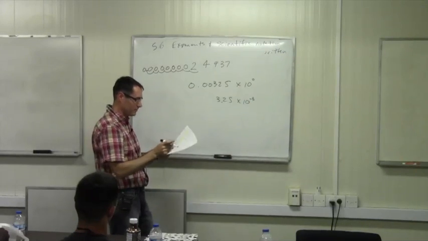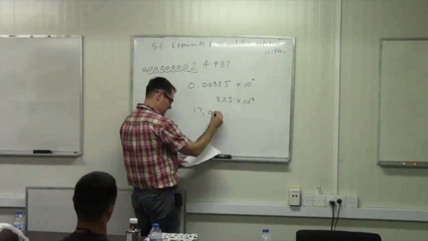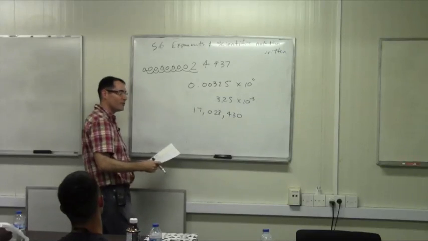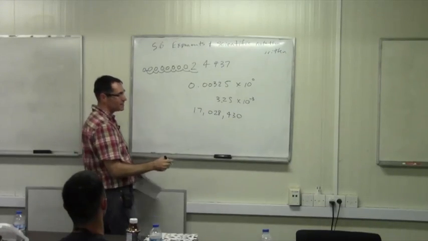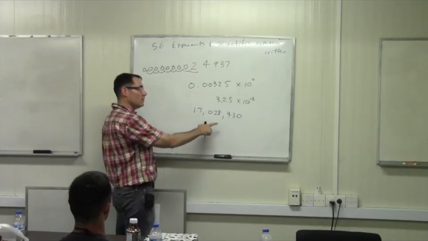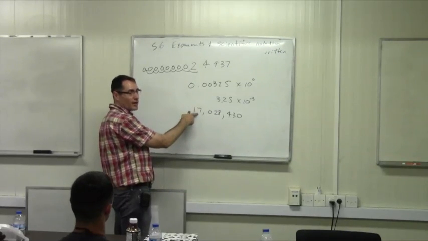Okay, let's try another one. Let's try going the other way. 17,028,430. Convert to scientific notation. The decimal place is going to go where? Right there, because 1.7 is between 1 and 10.